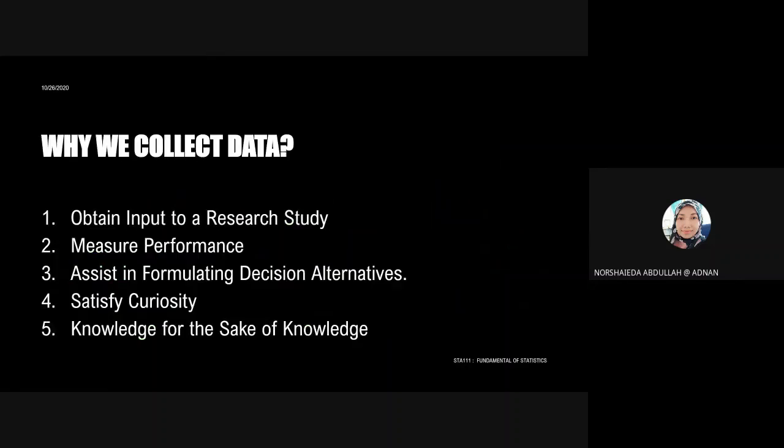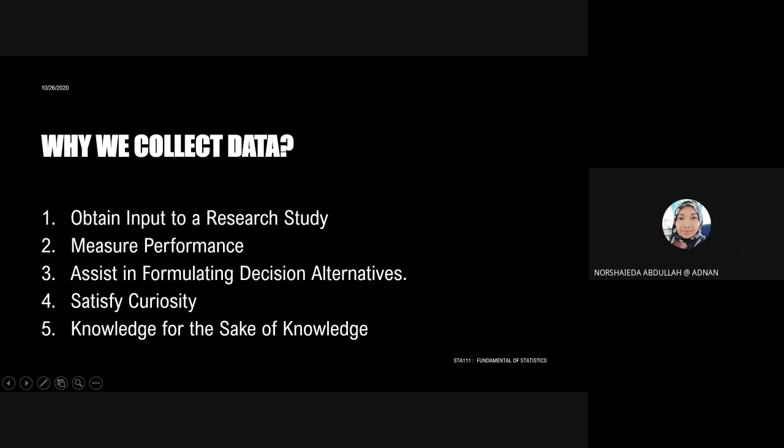So why do we collect data? We already discussed this last week, so I will just repeat it. We collect data as input to research or study, to measure performance or satisfaction.